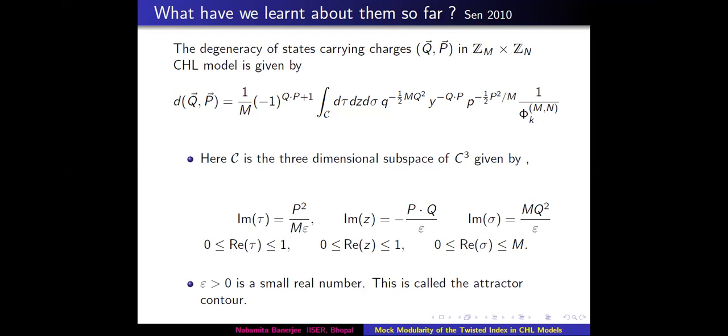What is important in this entire expression is this C. What does it tell us? It tells us that if somehow I can find a function phi, which is a function of tau, sigma, and z, and integrate it along a particular contour, then that gives me the degeneracy of a state carrying a particular electric charge Q and magnetic charge P. But the subtlety here is the choice of the contour.